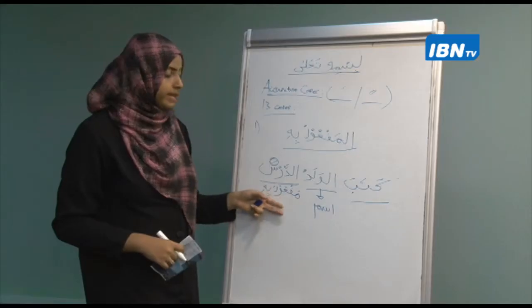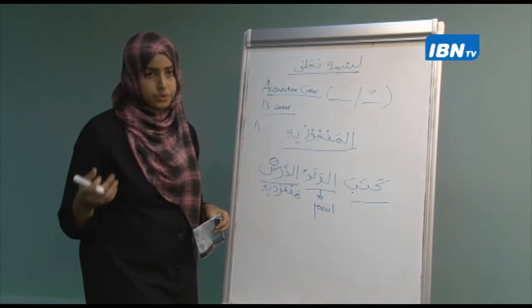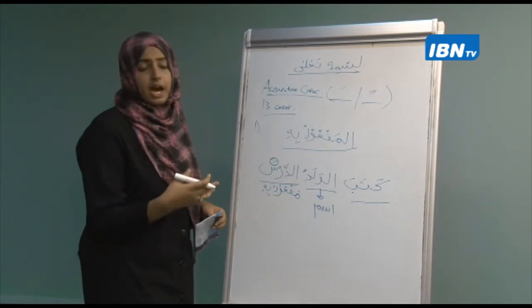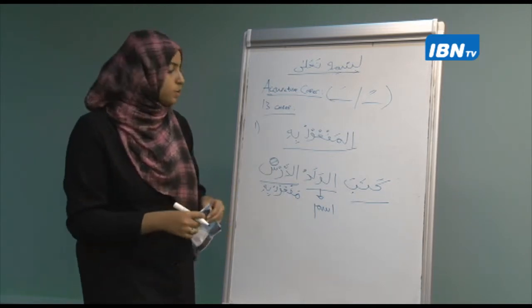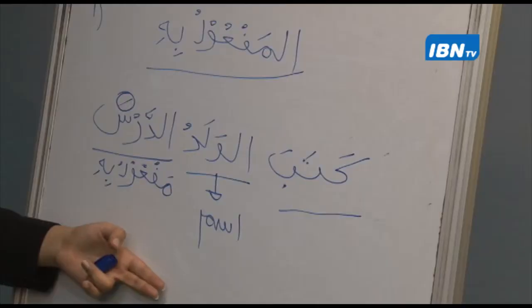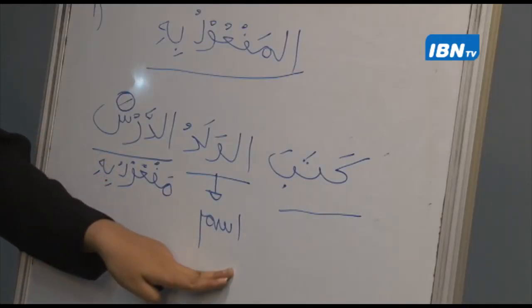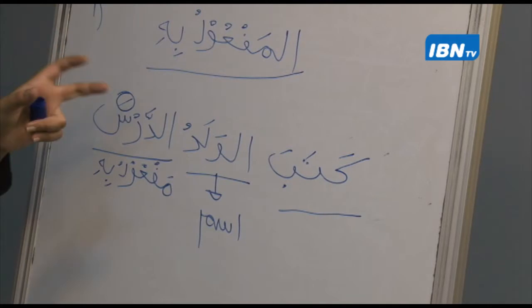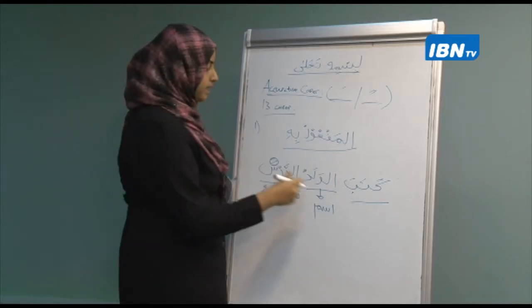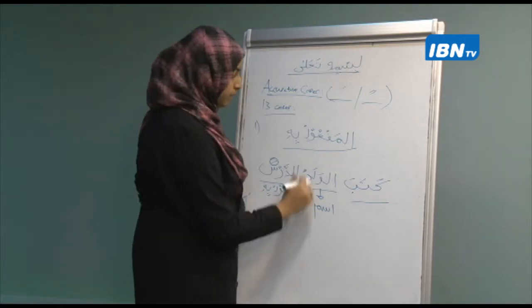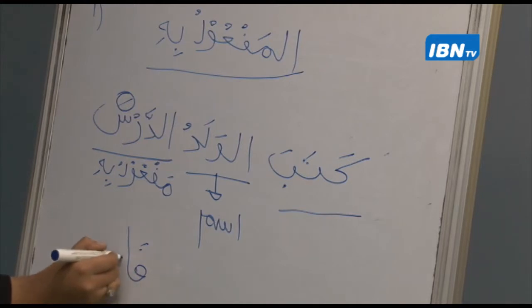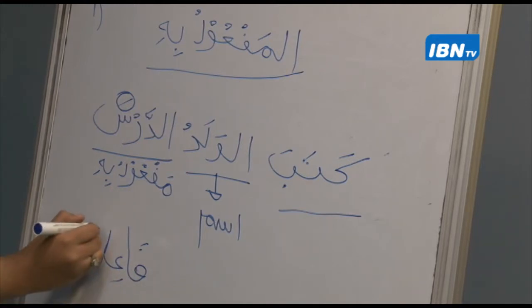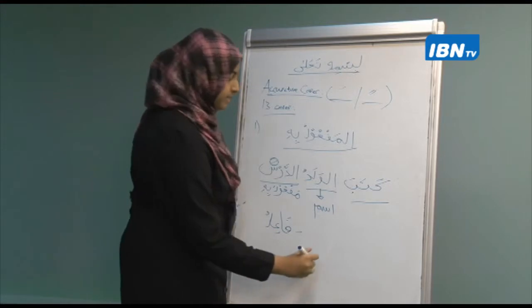First of all, we need to recall what fa'il is, to know what maf'ul is. The fa'il is the doer of the action, right? So who is the doer of the action here? The boy wrote the lesson, meaning the boy is the doer. So al-waladu is my fa'il.